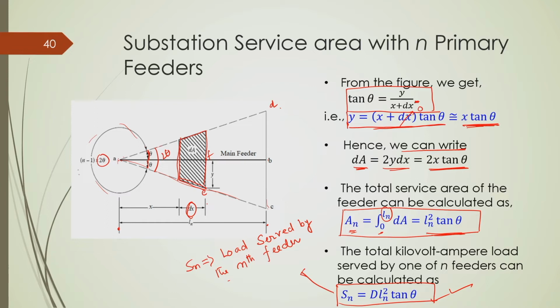So overall, the sum of 2 theta plus 2 theta up to n minus 1 times 2 theta is basically n multiplied by 2 theta, which is equal to 360 degrees. So, this gives theta equal to 360 degrees divided by 2n.